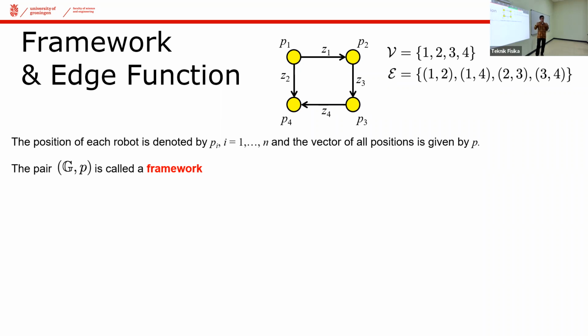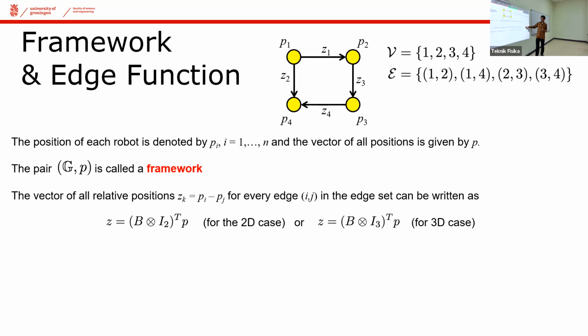So G is just representing the way information is being exchanged, and P is representing the physical variable that we use. The relative position is just the difference between Pi and Pj for the edge i and j at the kth edge.